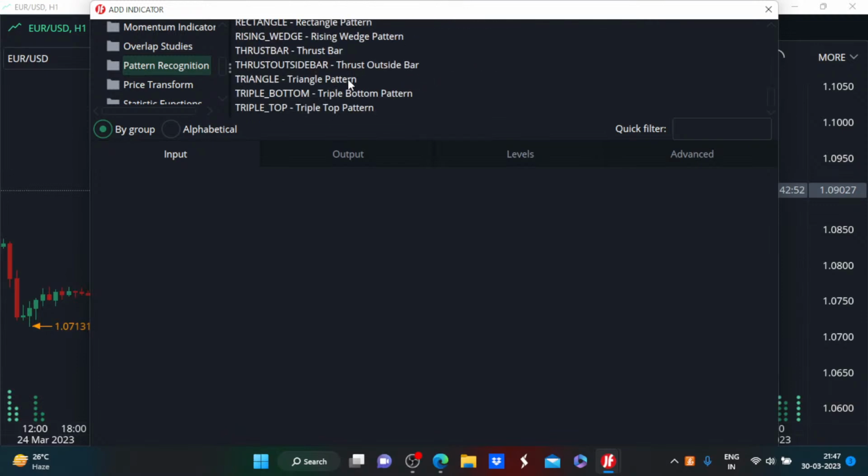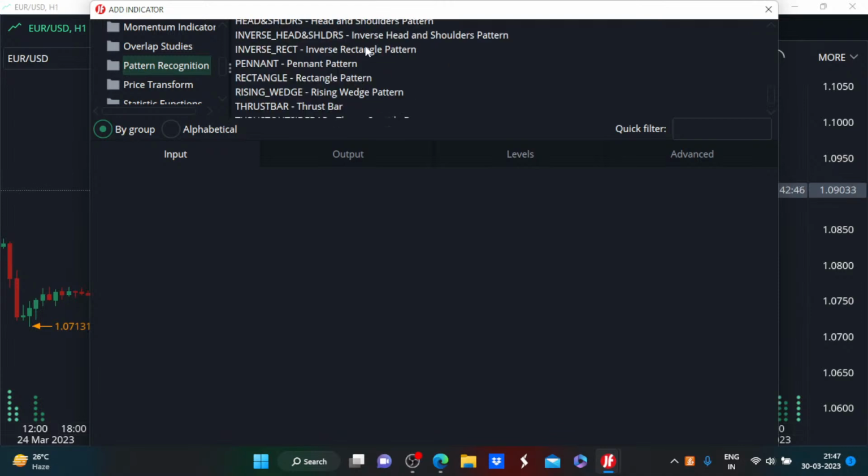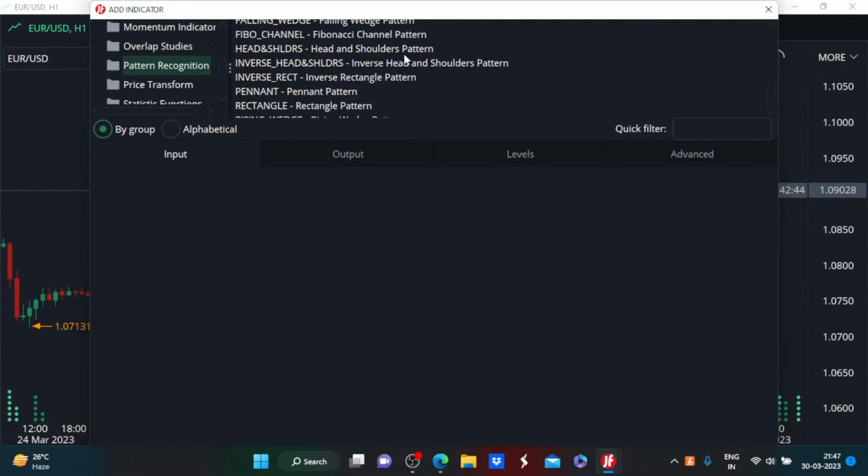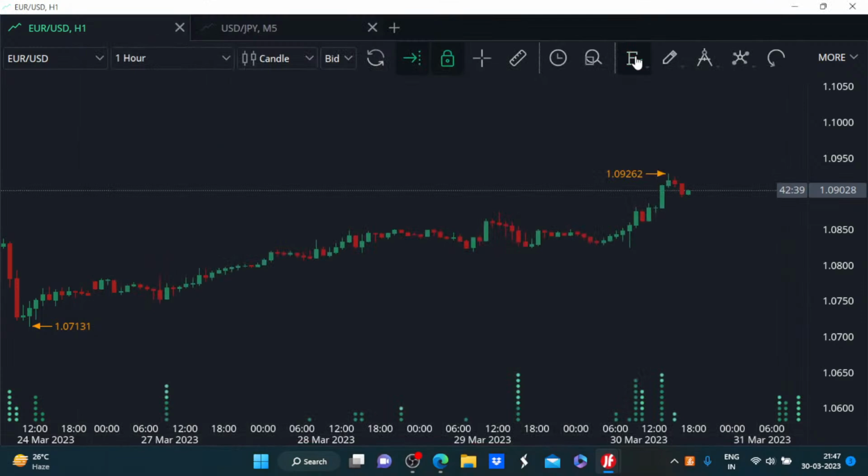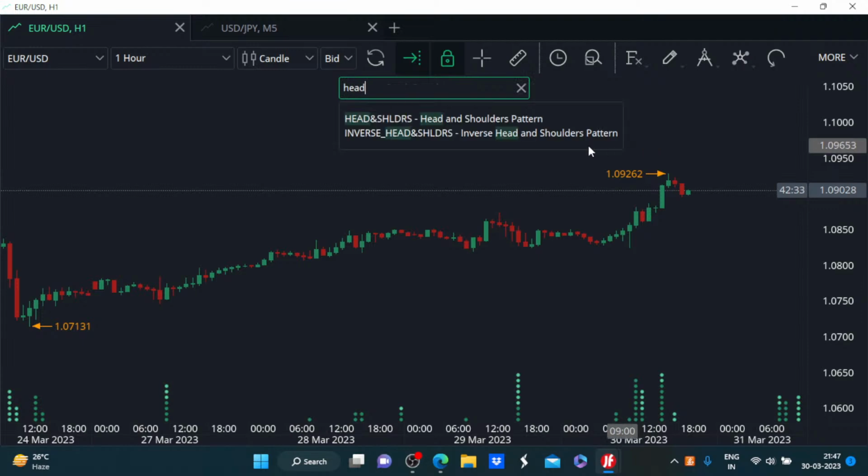We have seen many of these pattern recognitions earlier. Now we are reaching towards the end of the list, and here it comes, head and shoulders pattern. So from here you can add it, or you can simply do a quick search, type in the name head and shoulders, and you will have it.